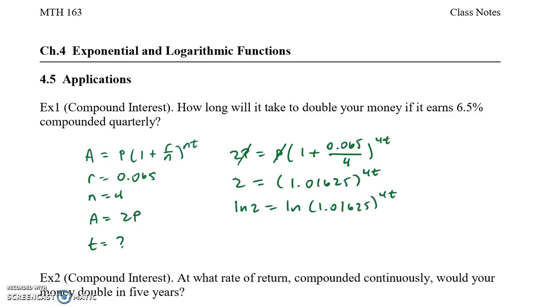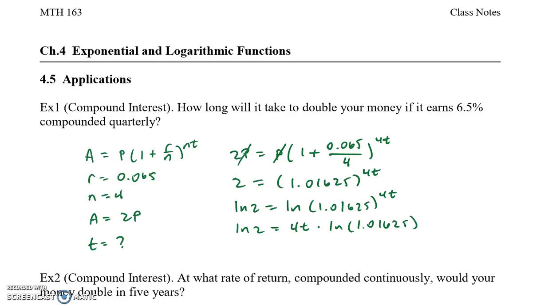What that allows us to do then is bring the exponent down in front of the logarithm by applying the power rule for logarithms. So that gets the unknown out of the exponent. So ln 2 equals 4t times ln 1.01625.